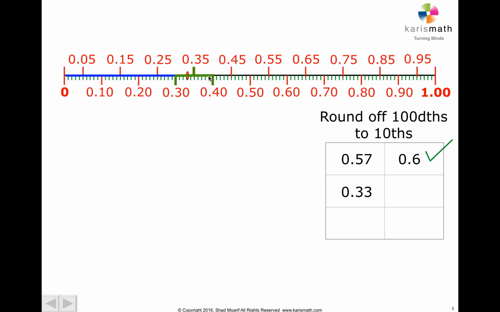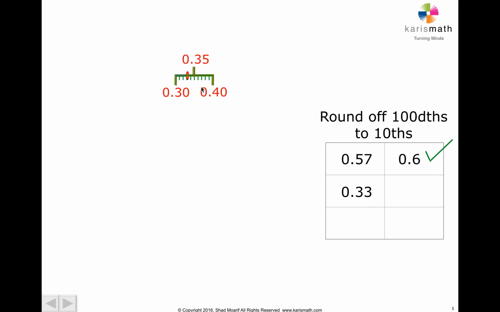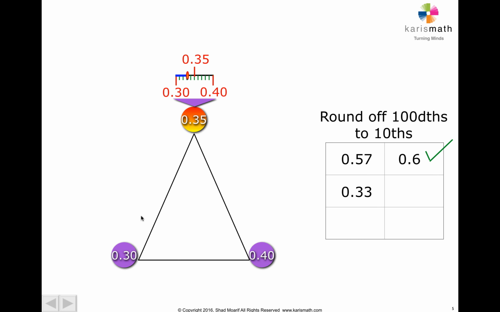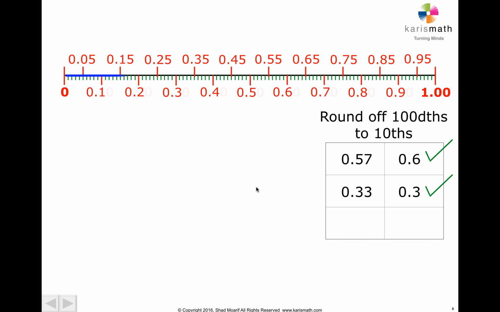So if we take that boundary here and make a mountain using that boundary, we get 0.30 here, 0.40 here, and we have to decide where 0.33 fits in. Where do you think? Where will this go? On this slope or that slope? The left one? Yes. So it rounds off to 0.30, which means 0.3 or 3/10. So 33 hundredths is the same as 3/10. Got it? Great. So, one more.